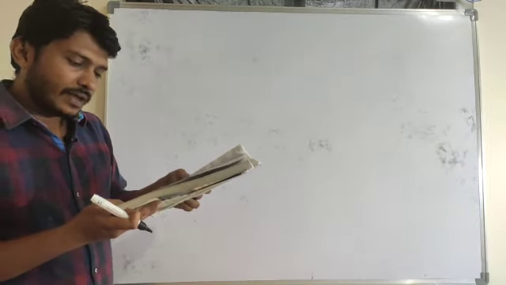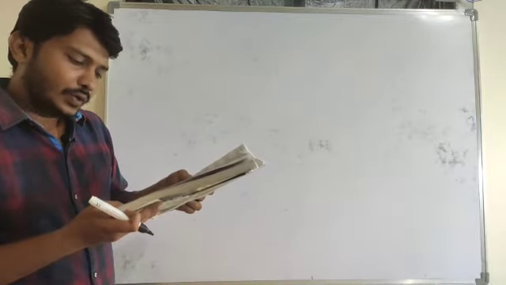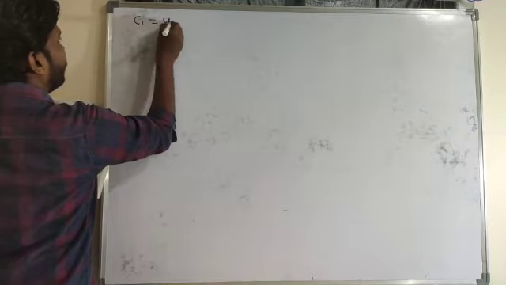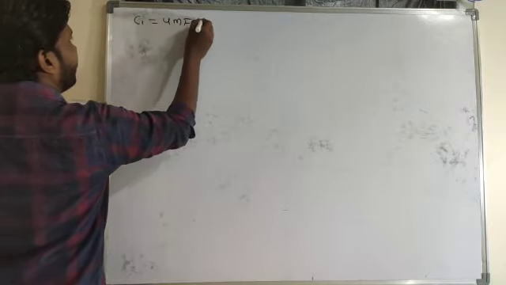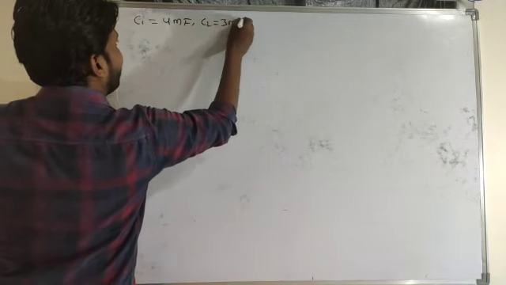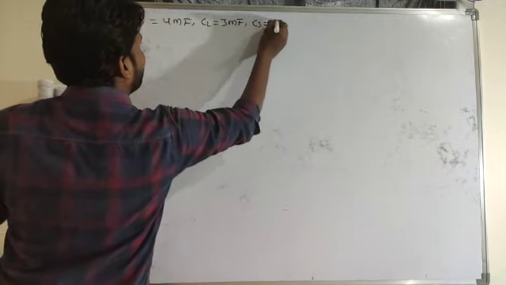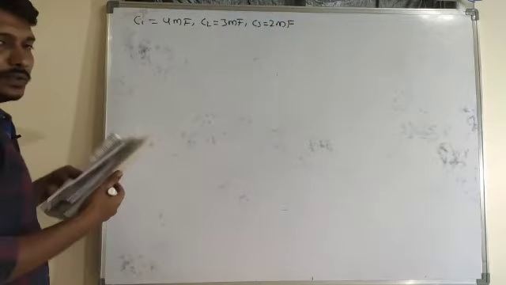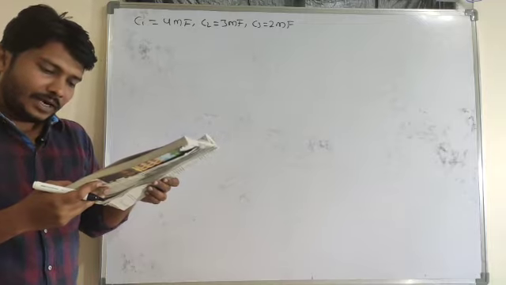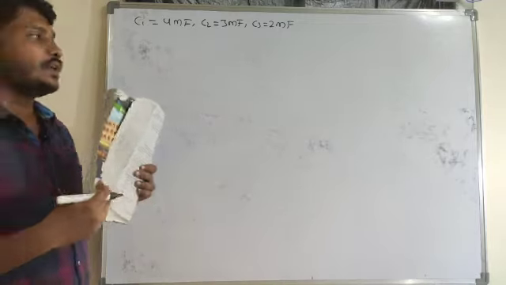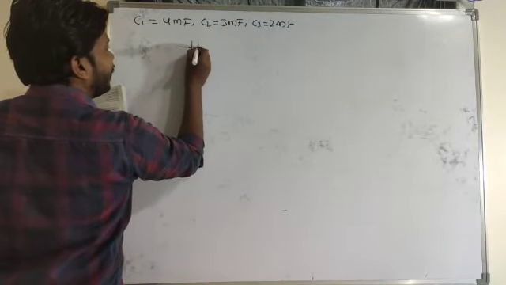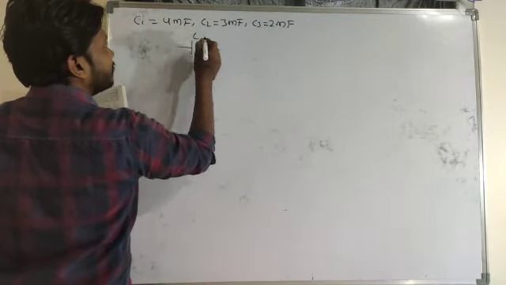3 condensers of capacity 4 millifarad, 2 millifarad and 3 millifarad. So here 3 capacitors are there, whose capacitances are 4 millifarad, 3 millifarad and 2 millifarad, connected such that 2 millifarad and 3 millifarad are in series combination.